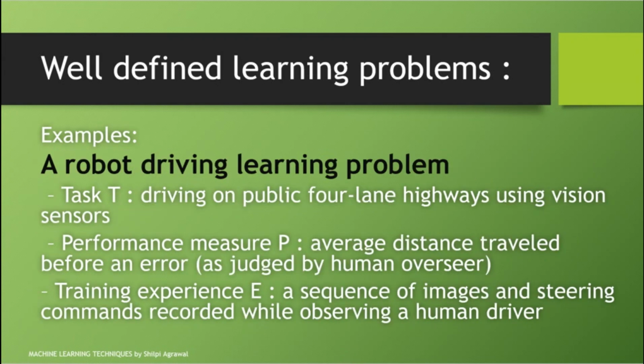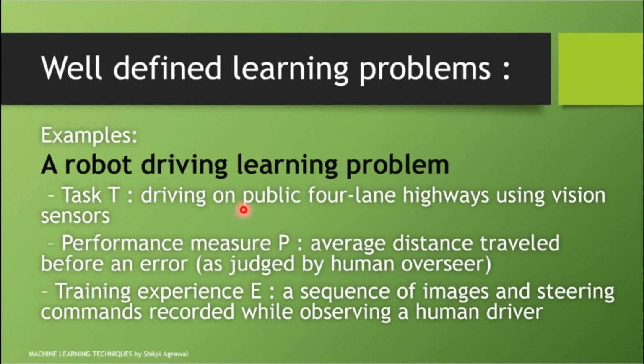The third one is the robot driving learning problem. In this case the task T is driving on public four-lane highways using vision sensors. So a robot can drive on public four-lane highways.